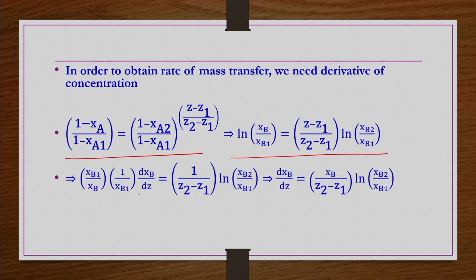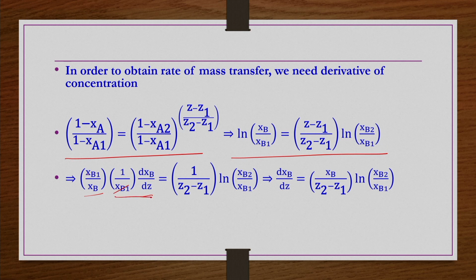The left hand side is 1 by (XB by XB1) multiplied by dXB by dz. Writing 1 by (XB by XB1) as XB1 by XB, multiplied by 1 by XB1 dXB by dz, this is what we have.